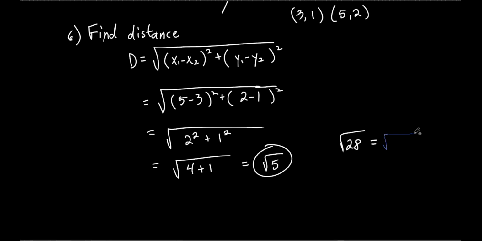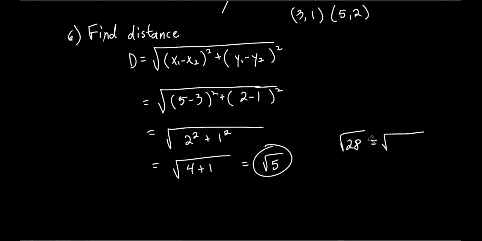So here's what I would do. There's a rule in algebra that says, let's figure out what times what is 28. Well, there's several things that multiply together to be 28, okay? But there's one particular pairing that is the best way to go. Now, you could go 14 times 2, but can I take the square root of 14 and come out to an even number? Can I take the square root of 2 and come out to an even number?